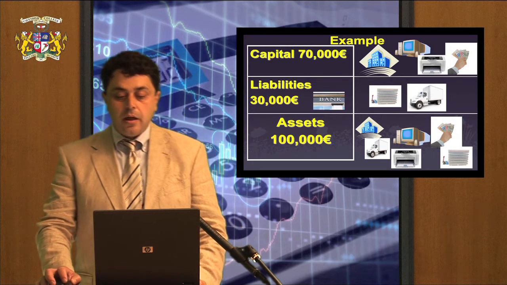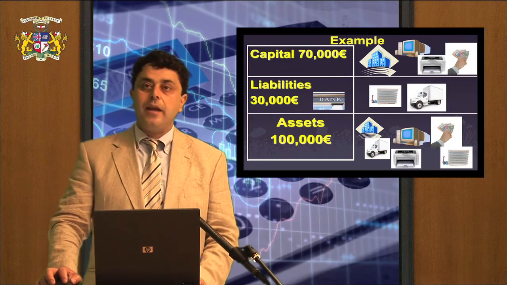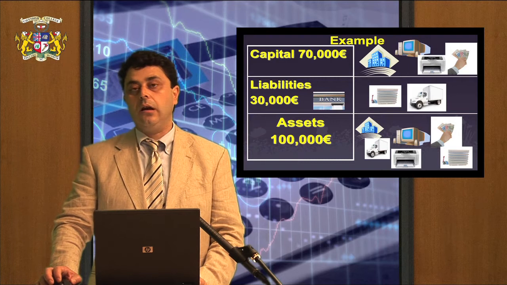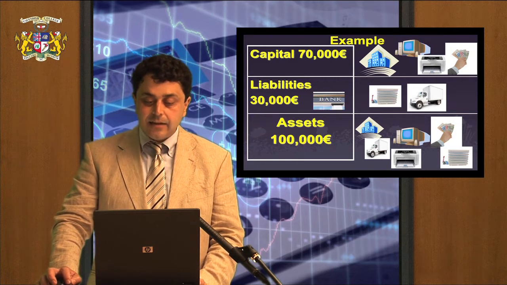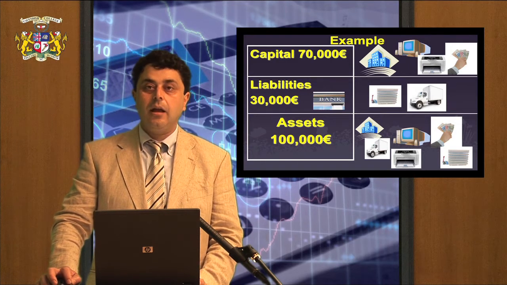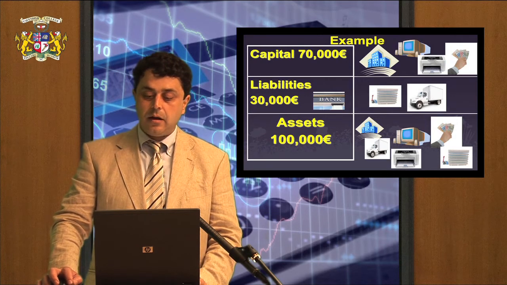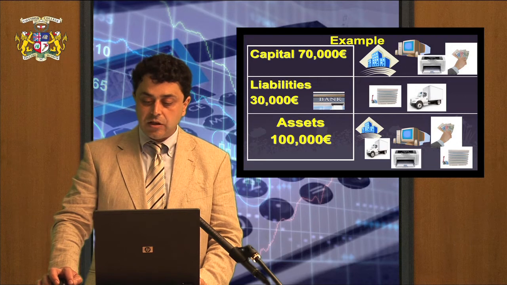Now, the value of the assets that you as the owner of the business control is 100,000, and it includes buildings, equipment, cash in hand, the motor vehicles, and stock.